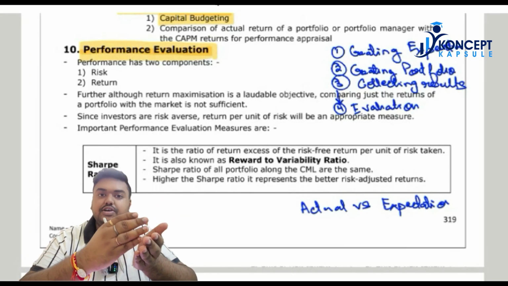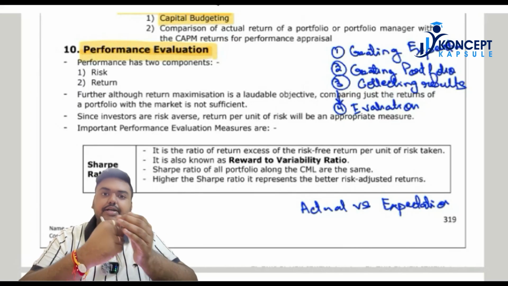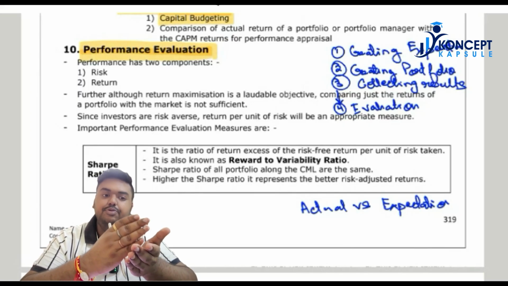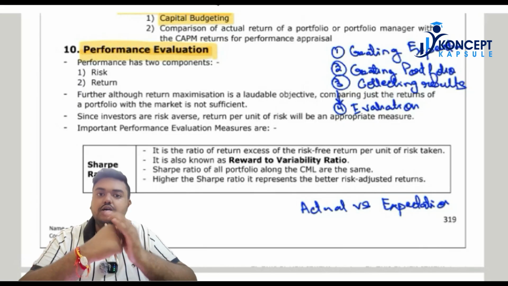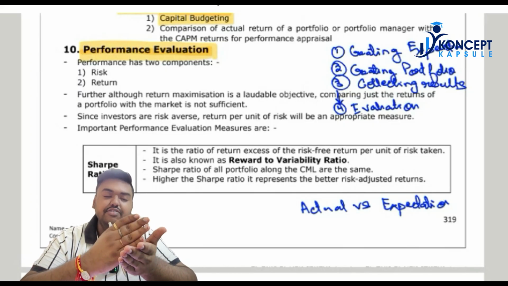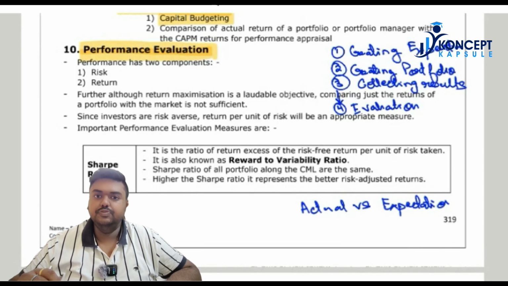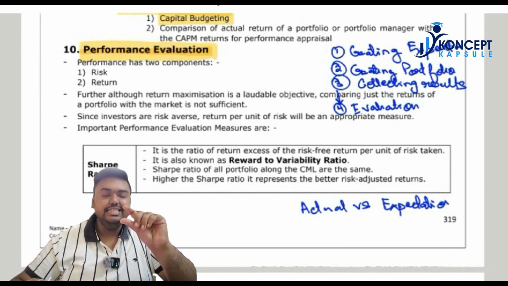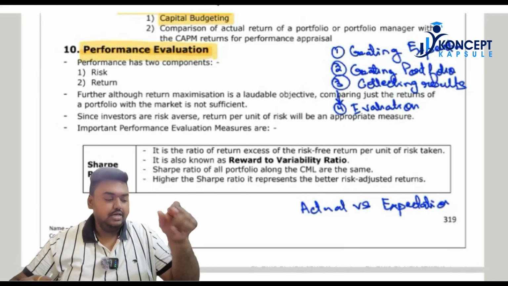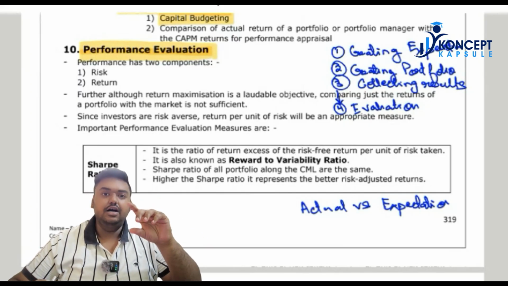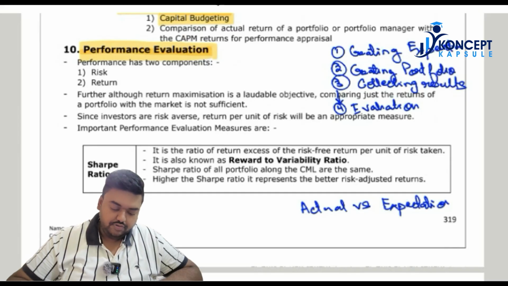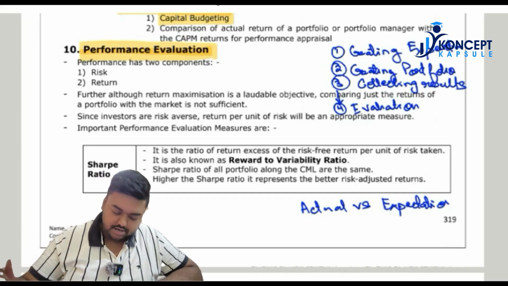Some will help you evaluate your portfolio against the systematic risk. Some will help you evaluate the portfolio against total risk. Some will help you evaluate your portfolio against similar market portfolio. Correct? So there are different parameters through which these expectations are evaluated. Okay. So we will learn them one by one over here.